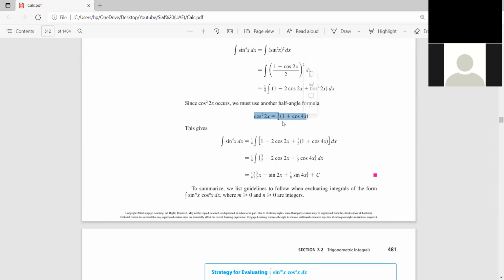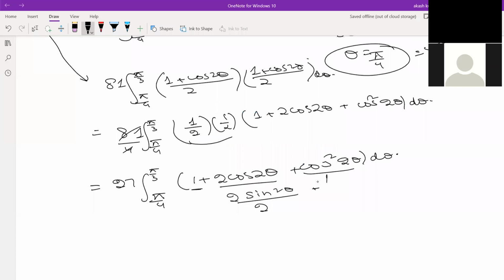Here we have cos square 2 theta, so it becomes 1 over 2, 1 plus cos 4 theta. Okay, so applying that identity here, and now because that angle is in double angle form, we can easily apply the integration, and now we have to apply only the limits. Is it clear? Yes. Okay. Should we solve it further, or if it's clear for you, then we can end it here.